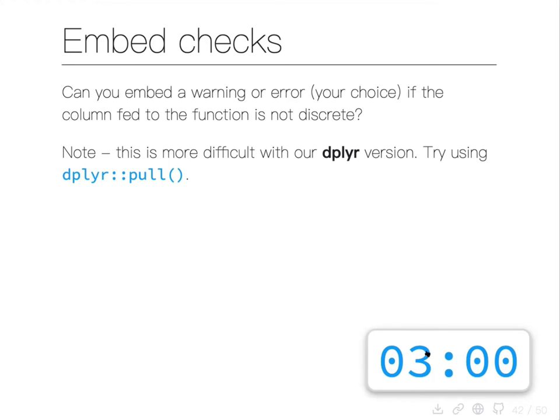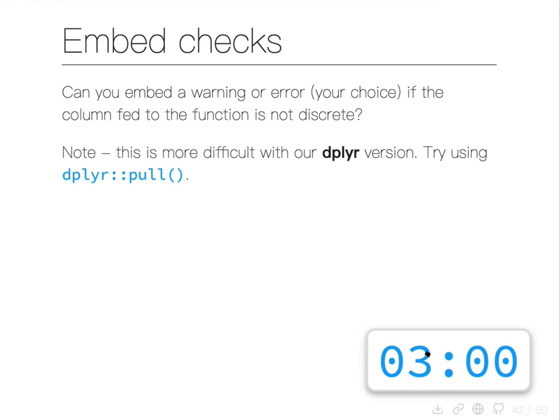Bill length is a numeric column, and it's probably not going to make sense to add the counts for every single value of bill length, right? So include a warning or an error message, your choice, if the column that is passed to it is not discrete or categorical, okay?